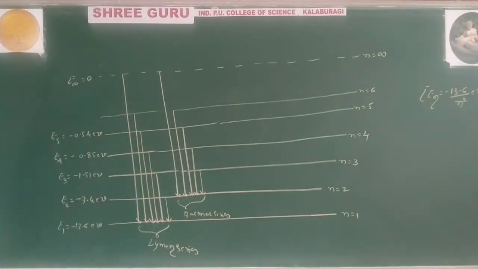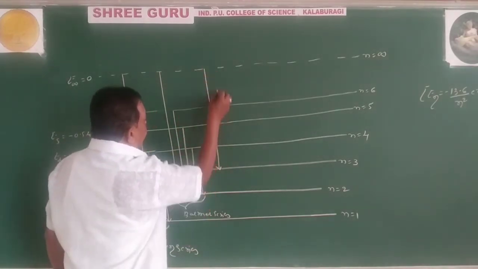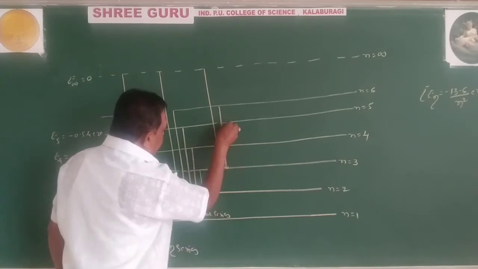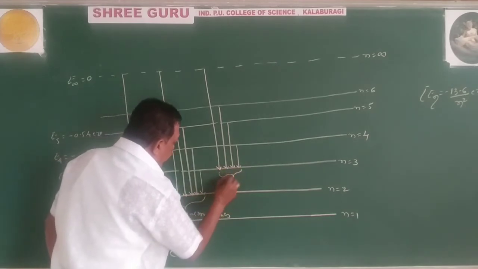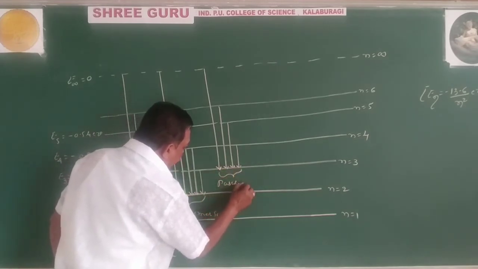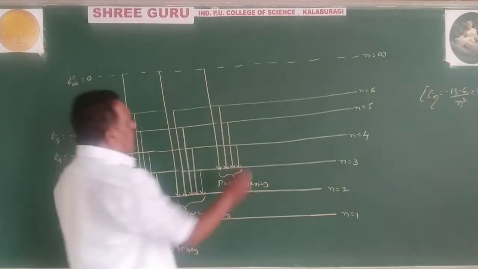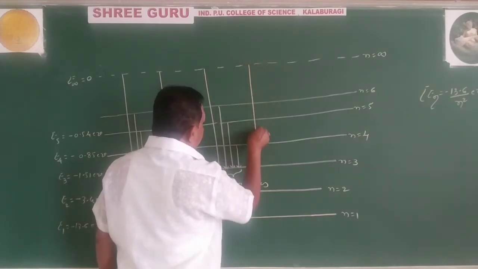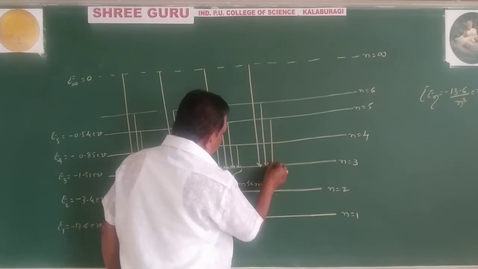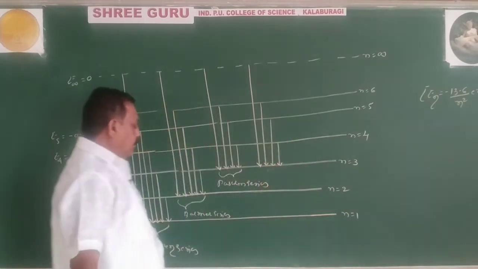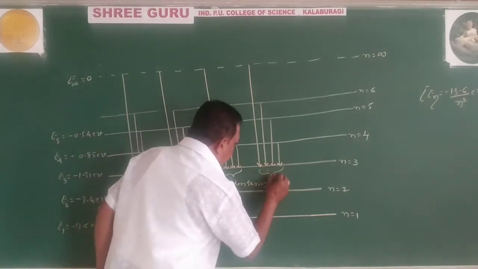If the electron jumps from any higher orbit to the third orbit, this gives the Paschen series. Again, if the electron jumps from any higher orbit to the fourth orbit: Lyman series, Balmer series, Paschen series, Brackett series.